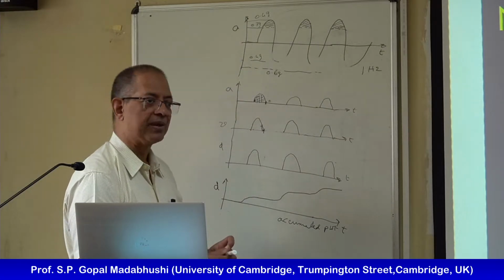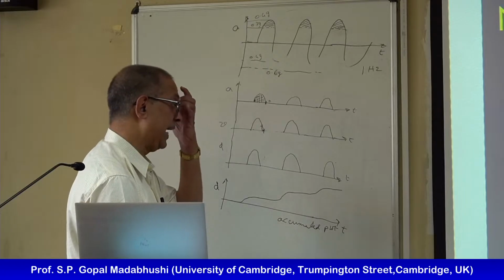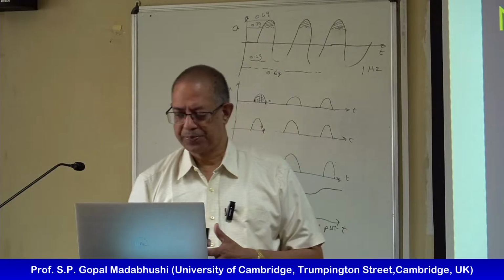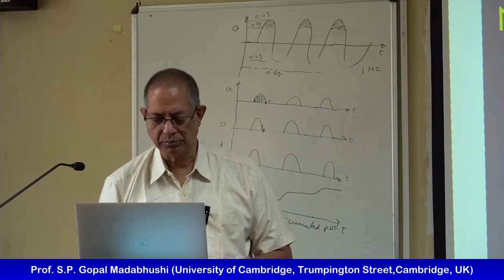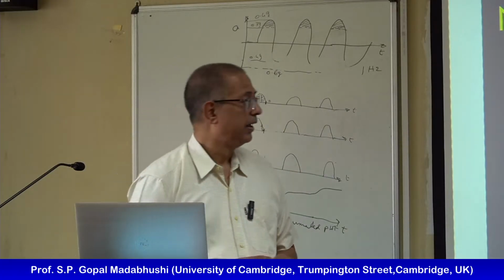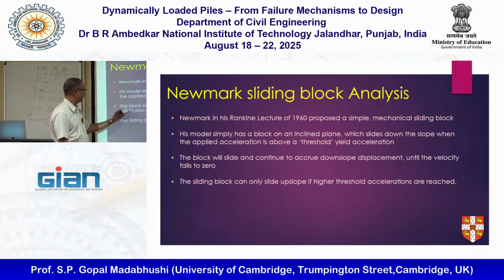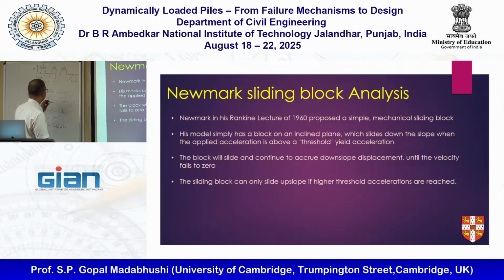Yeah? Okay. So the block will slide and continue to accrue downslope displacement until the velocity falls to zero, and the sliding block can only slide upslope if my threshold acceleration is reached on this side as well.